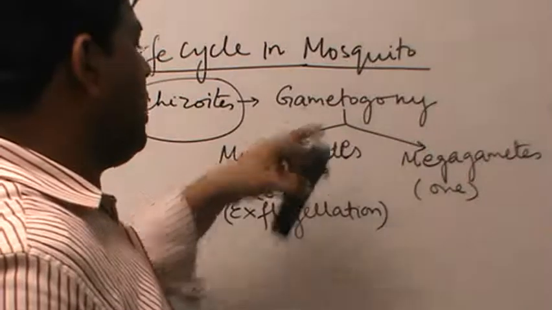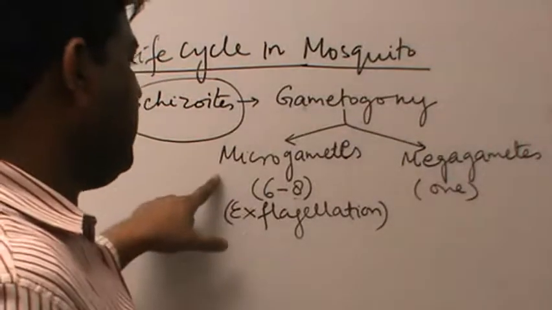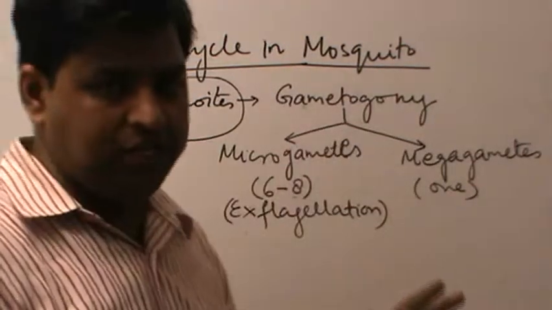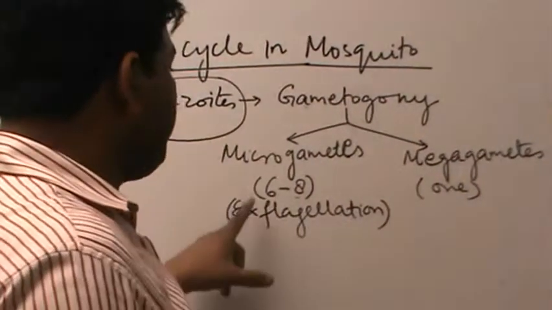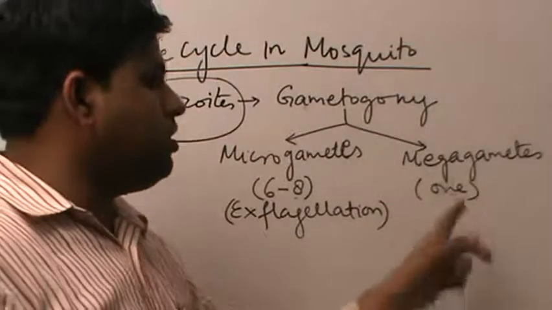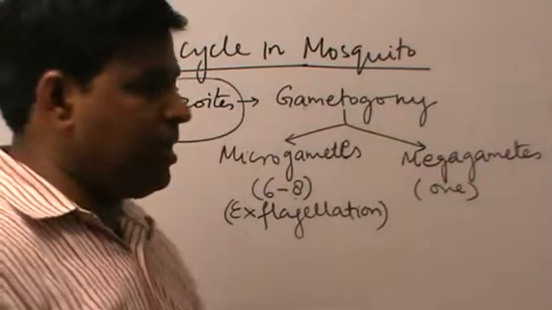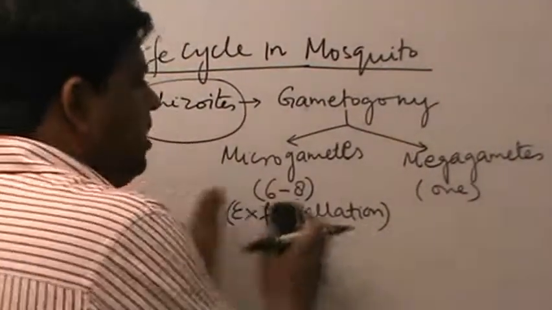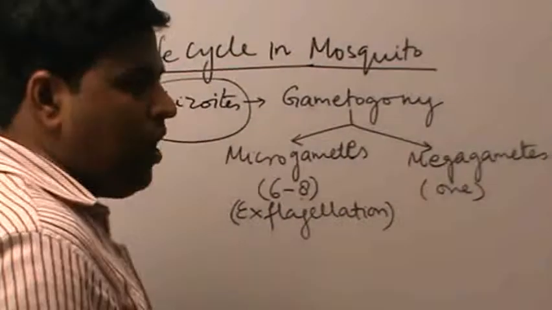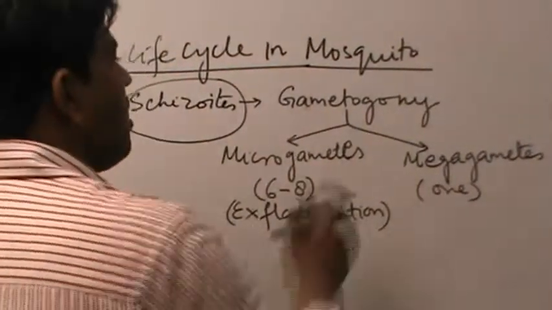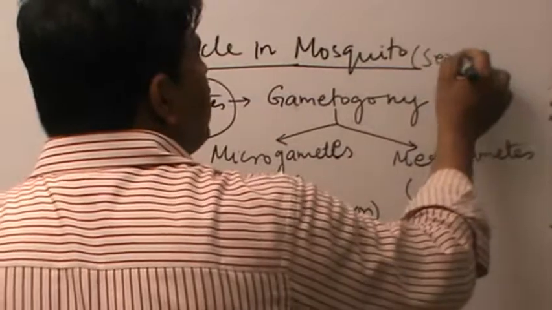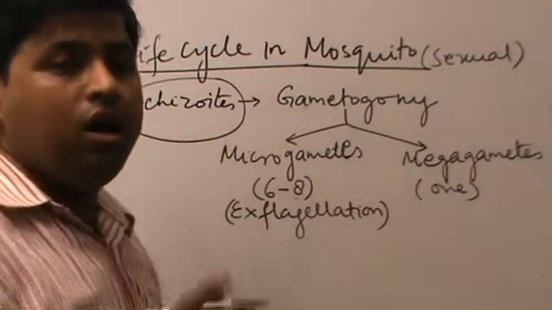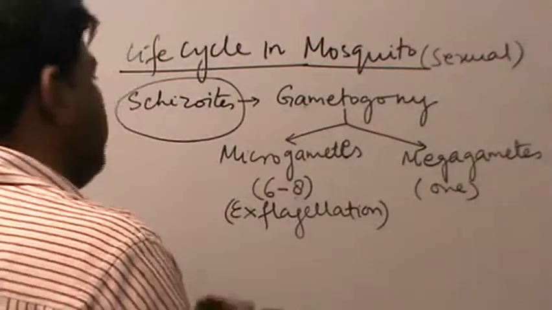So under gametogony, microgametes are formed by the process of exflagellation, six to eight of them, and only one megagamete is formed. So male gamete as well as female gamete are found. This is the sexual part of the life cycle, which takes place in the mosquito.